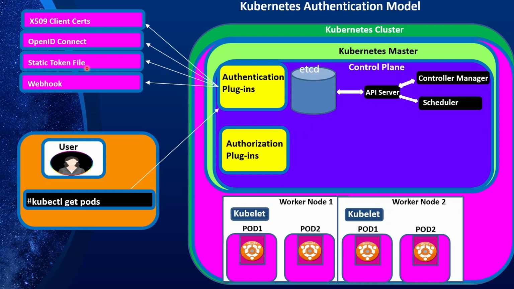An administrator can create users, assign tokens to them, and upload those into the API server and then to etcd, and then the user can authenticate. This is not a really good way of authentication for big systems. This is only for small systems.